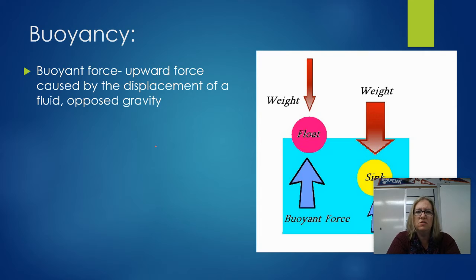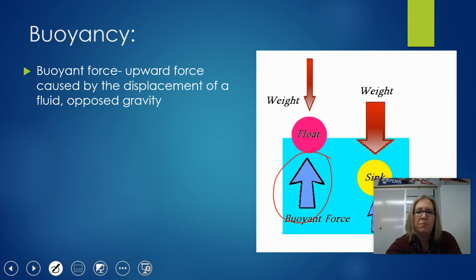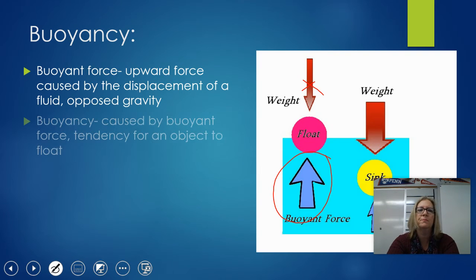This is why you can do chicken fights so easily. This is why people are lighter in water. If you were to stand on a scale in your swimming pool, you would actually weigh less because this buoyant force is countering the pull of gravity a little bit, okay? And so it decreases your weight. Your mass is the same, but it'll decrease your weight.